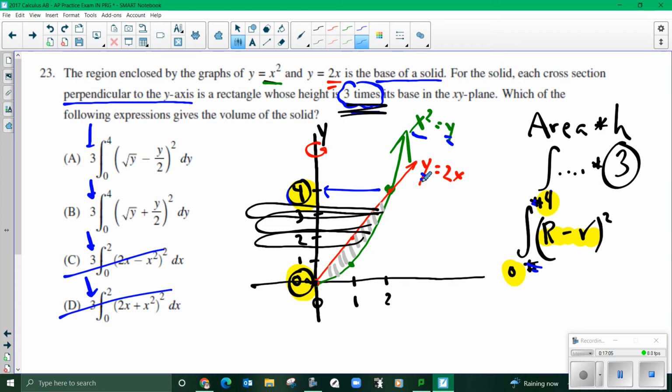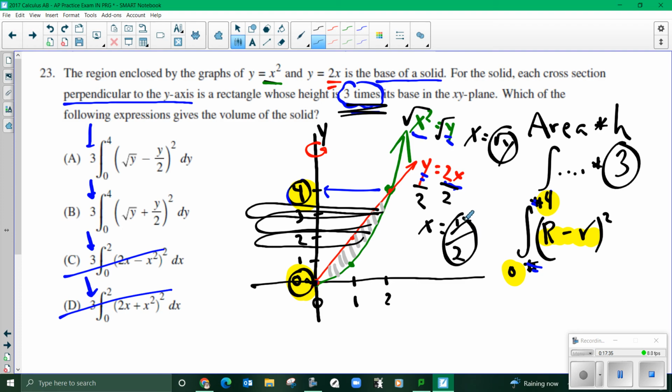I don't want to put x squared and 2x in. I want to change those equations so it's x equals, and I have my y variables, meaning I'm going to take the square root of both sides. So x equals the square root of y. Okay, I'm going to divide both sides by 2. So x equals y over 2. These are the equations I want to use. I want y bounds and y variables.